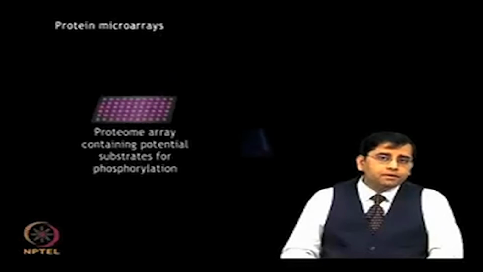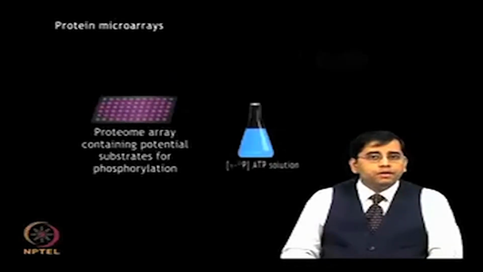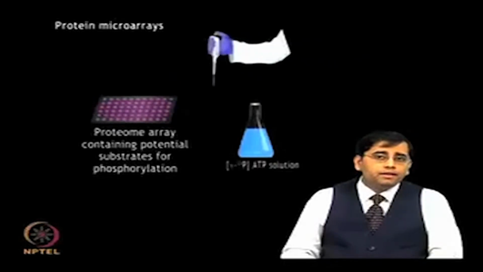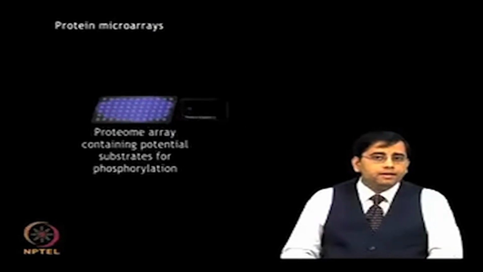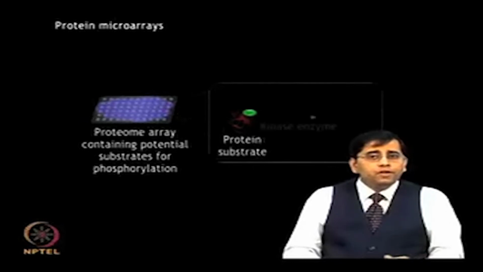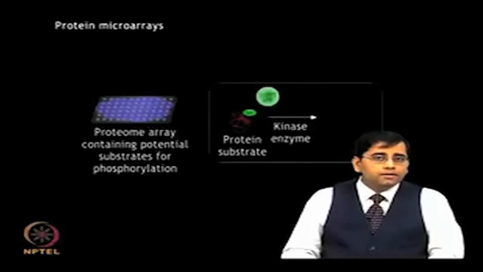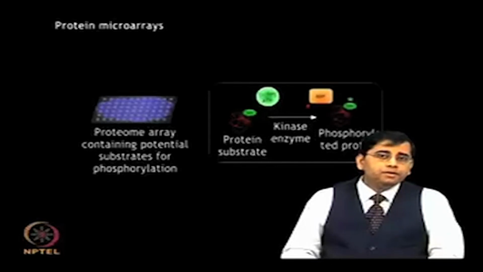Kinase enzyme and gamma-P32 labeled ATP are then added, and the array is incubated at 30 degrees centigrade. The phosphorylation reaction occurs at those sites containing proteins that can be modified.